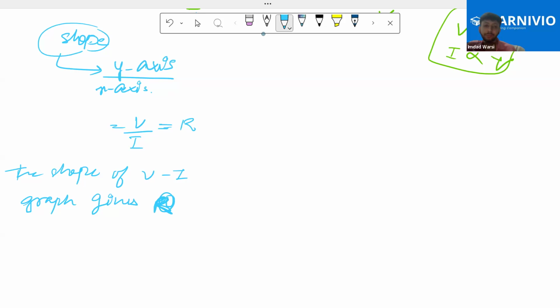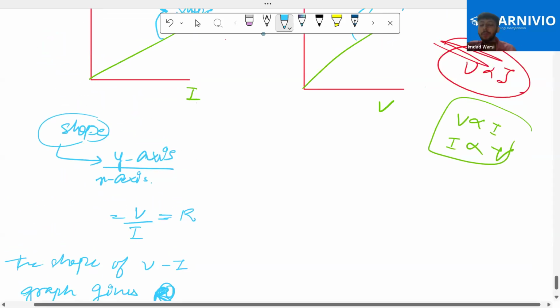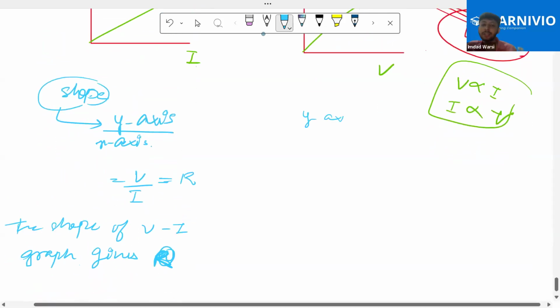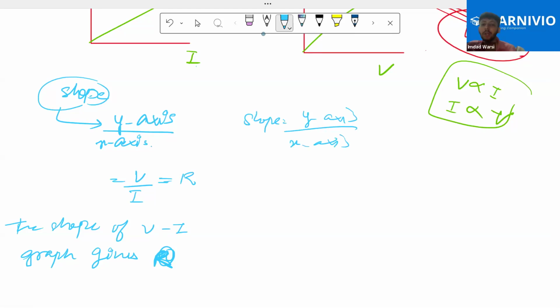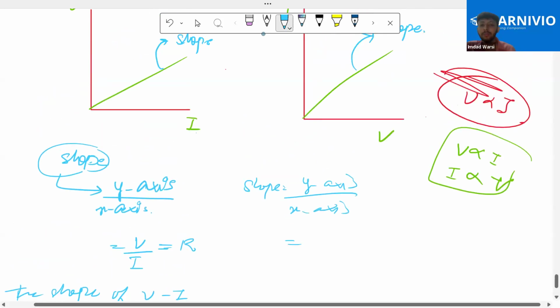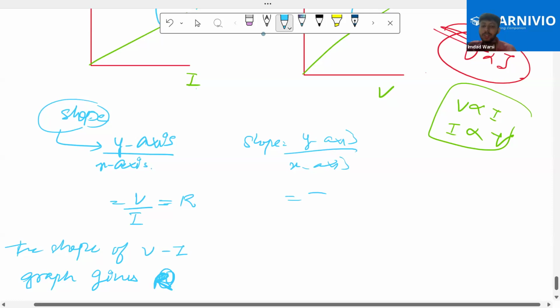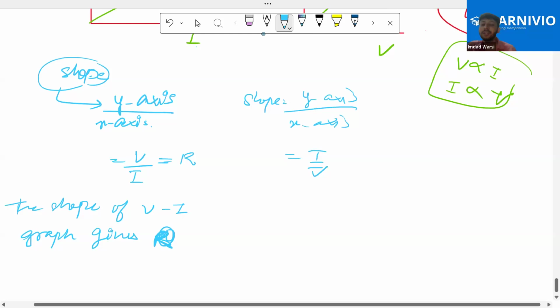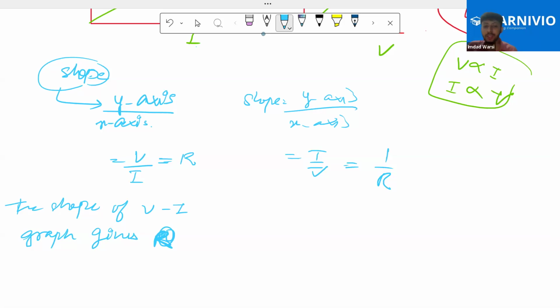Now let's see here. Here also the slope means y-axis upon x-axis. What is on the y-axis? I. This means it is I upon V. I upon V is not equal to R, it is equal to 1 upon R, because V upon I is equal to R. If you reciprocate it, the resistance also becomes reciprocal.